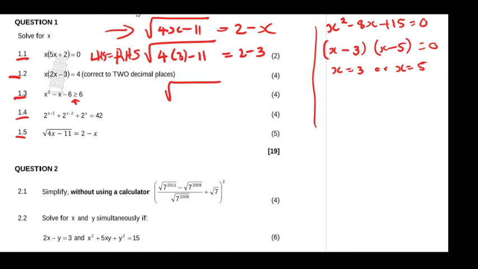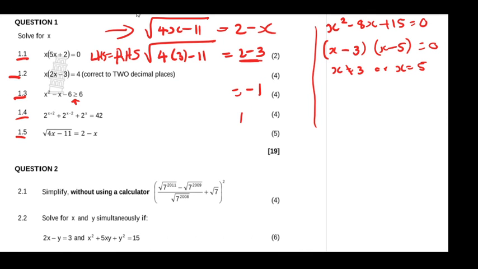So what I'm getting inside the square root is 4 into 3, I'm literally punching in minus 11. I'm getting the root of 1 equals minus 1 here because it's 2 minus 3. So the root of 1 is just 1 equals minus 1. So these are not equal. At least if it was 1 equals 1, then yeah, it was going to be equal. But they're not, meaning that x is not equal to 3.